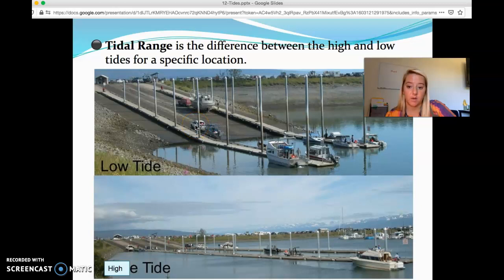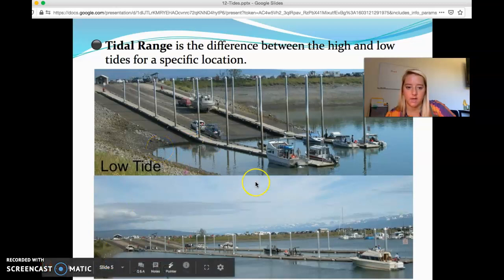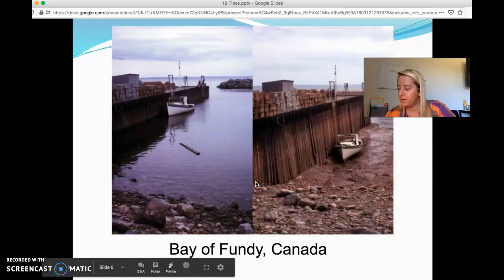The truck is probably about 7 foot tall. So maybe a 20-foot tidal range right here. That's a big estimate. I'm not sure if that's exactly right, but 20 foot sounds about right, of a tidal difference between the lowest low tide and the highest high tide.